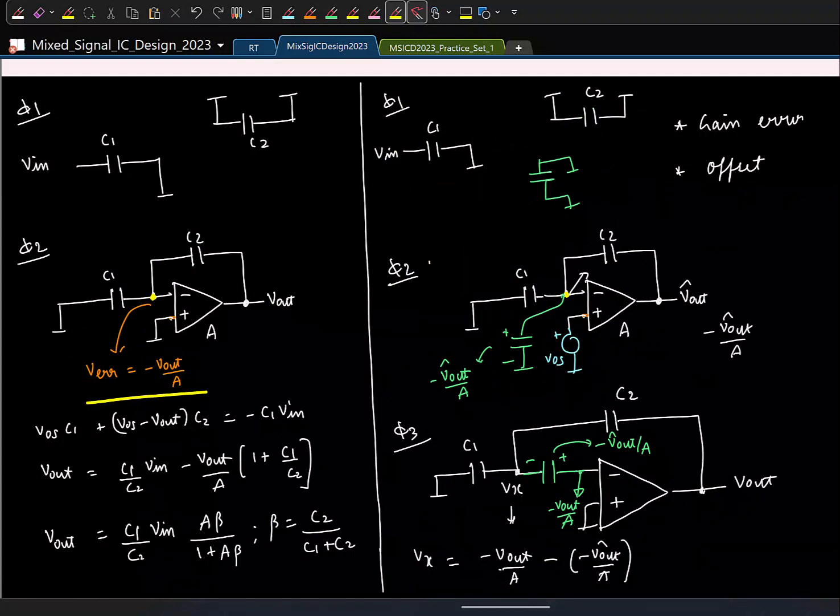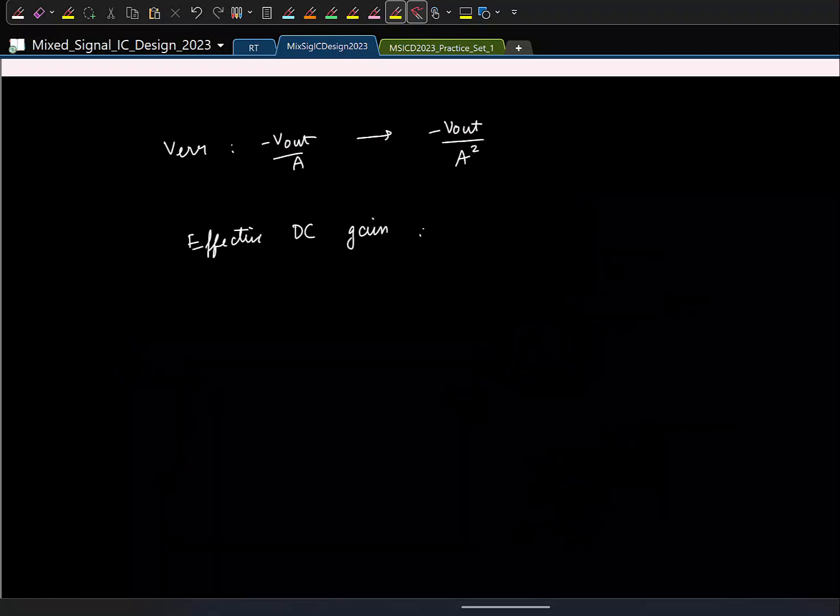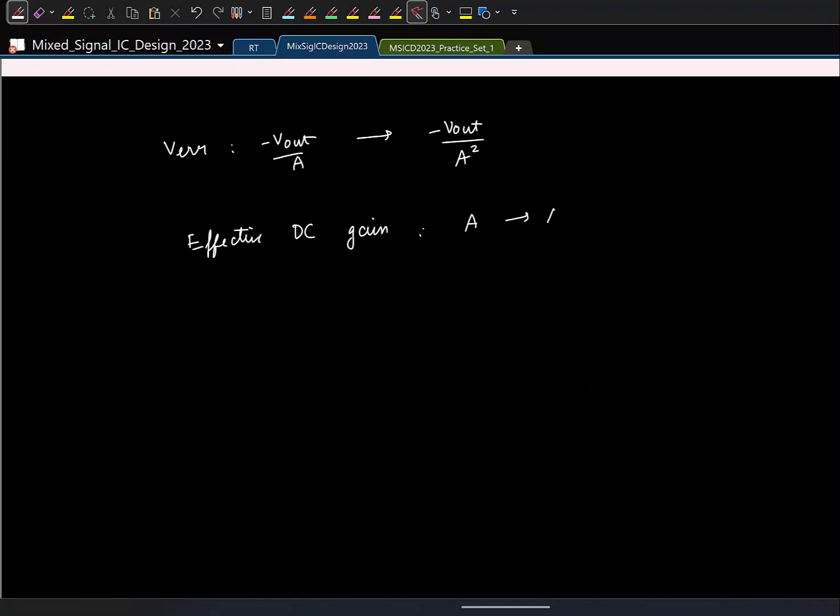So what is the effective DC gain? A square, right? So we have increased the DC gain from A to A square. Effective DC gain in the sense that if that is equivalent to another op amp which doesn't have any of these considerations, then it must have a gain of A square.